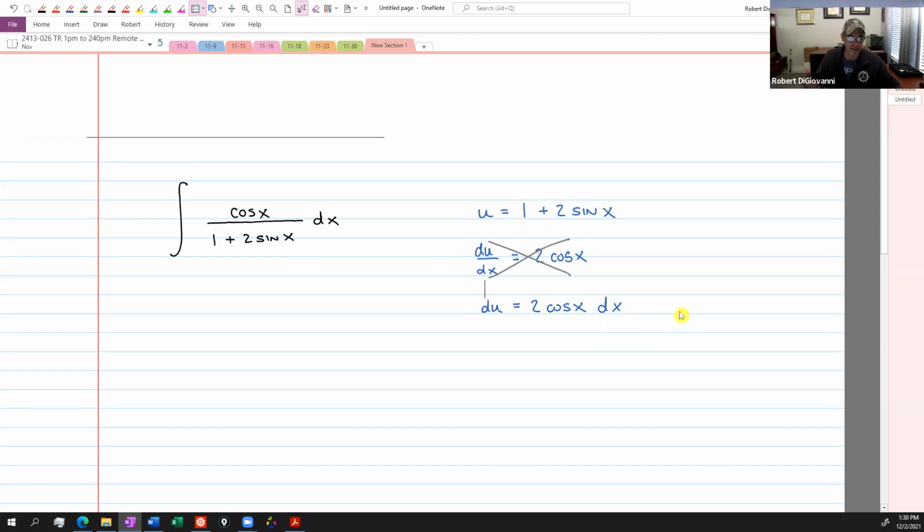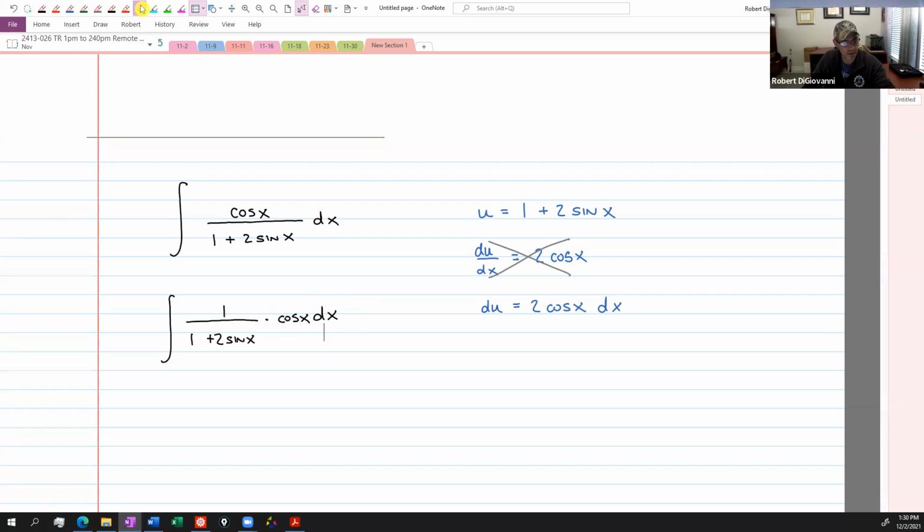I like to think of this as a matching game. I'm going to take the original integral and rewrite it as 1 over 1 plus 2 sine x, times cosine x dx. This is why it was important that the cosine was in the numerator and not trapped, because I need to slide it off to the back of the integrand like this.